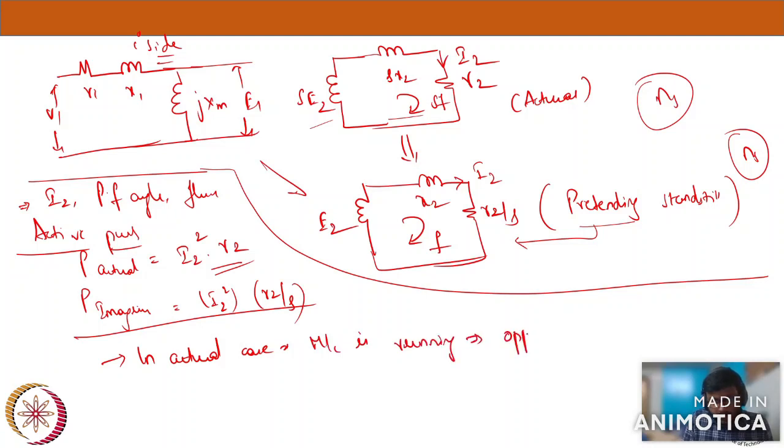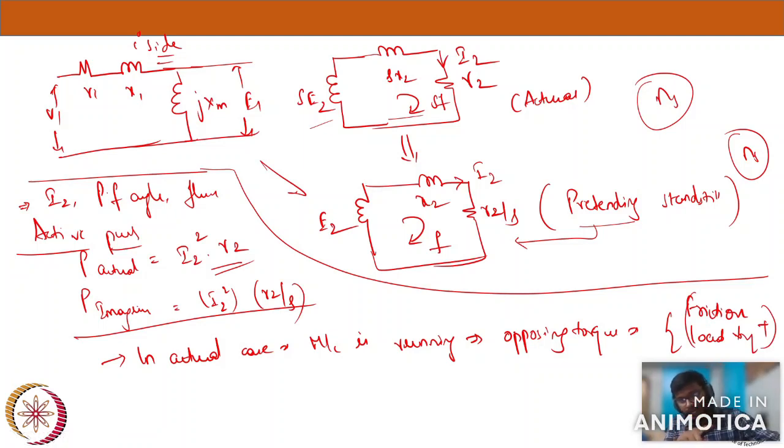There exist some opposing torques, that is friction torque or load torque. A combination of these two will exist. Now, the actual losses in the I square R2, that is only copper losses, and whatever other losses apart from these copper losses should also be supplied by your stator current, right?